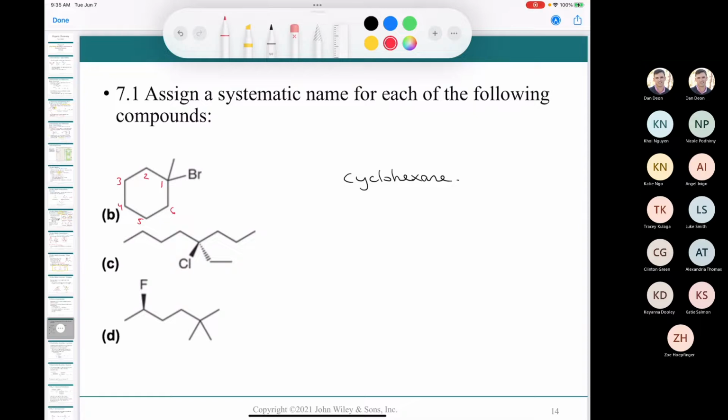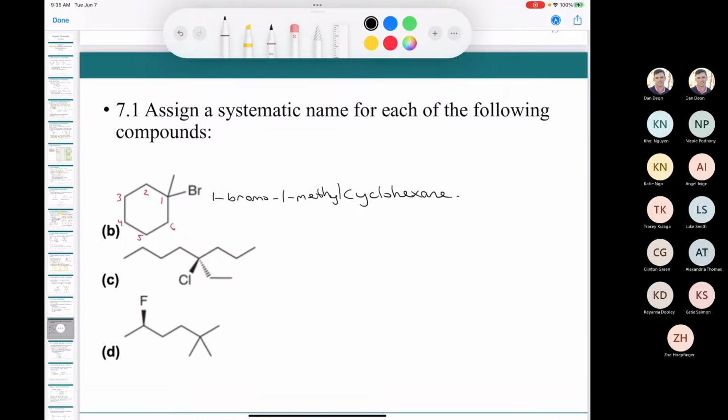Why do we put the bromo first? Because B comes before M in the alphabet. So we've got 1-bromo, 1-methyl cyclohexane. Like that. Now, if you're wondering, well, why do you have to put a locant on there? Well, if you just had 1 bromine on the ring, would you call this 1-bromo cyclohexane?